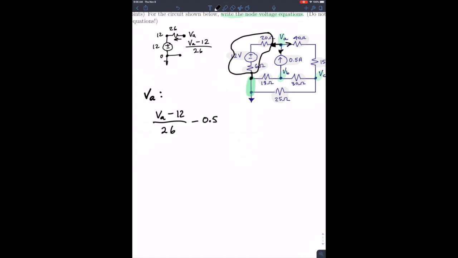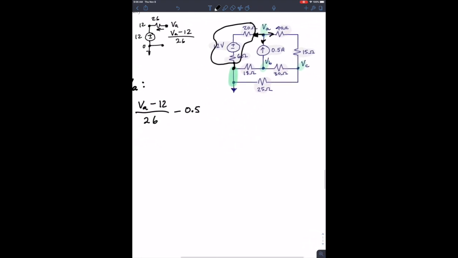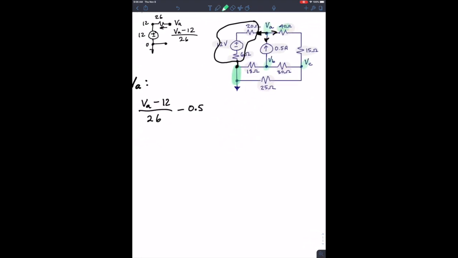Then we have current coming this way. We have a series combination of 40 and 15 that we can write as 55, so plus VA minus VC divided by 55. Those are the three currents coming out of node VA.